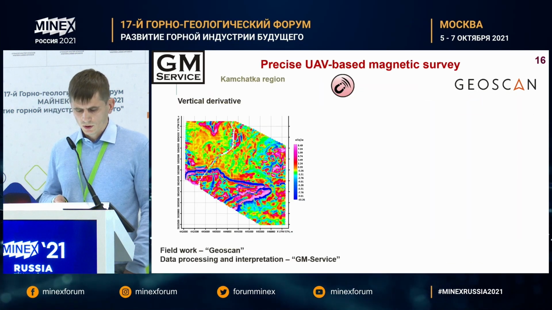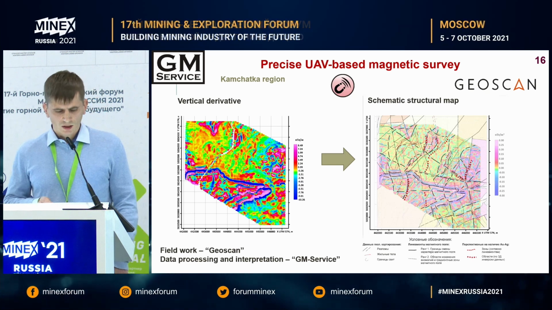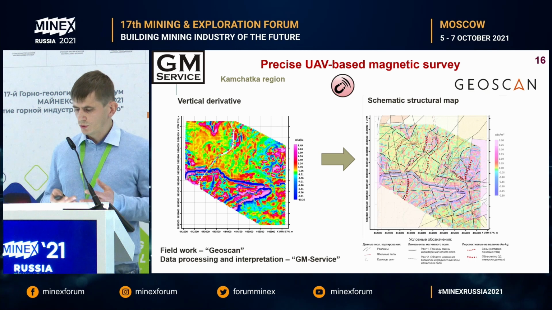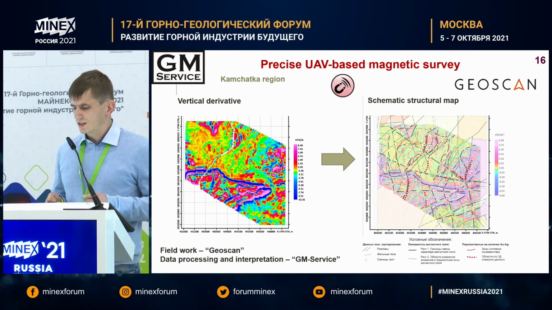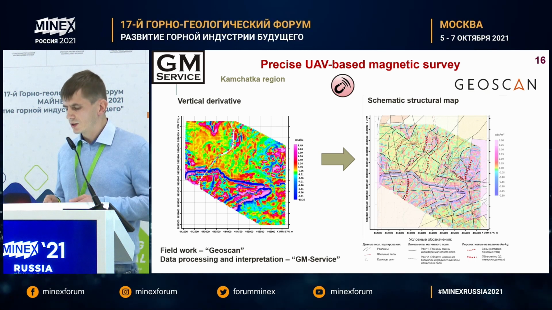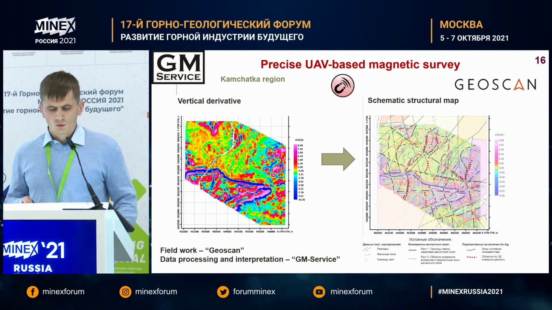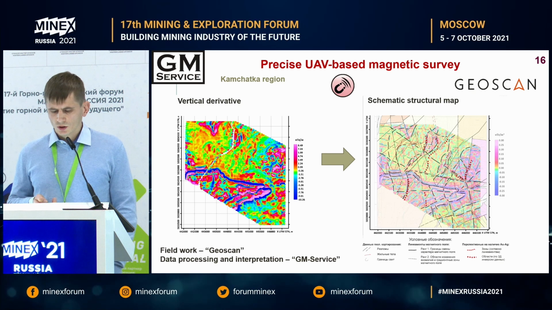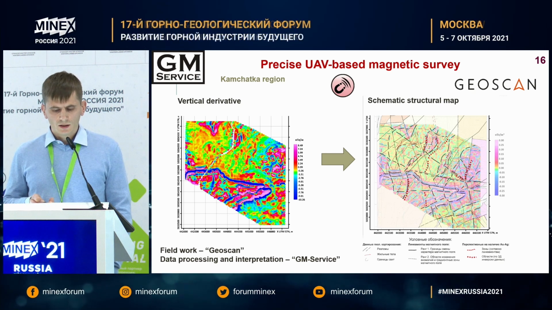In the example of the operations done in Kamchatka this year, as a result of processing and interpretation of the data, we managed to locate key blocks and faults, identify linear zones, and even develop some ideas about the continuations of veins.